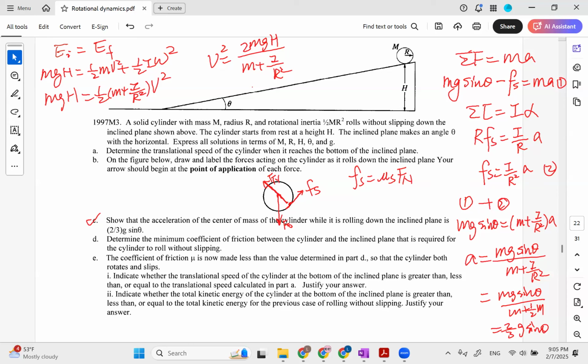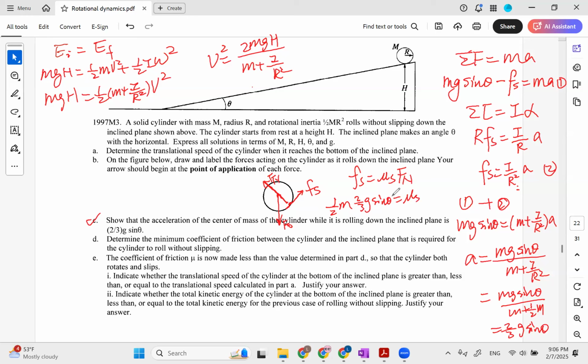Then what is Fn? So you plug in Fs equals half m, since I over r squared is half m, times a, which is 2/3 g sine theta.